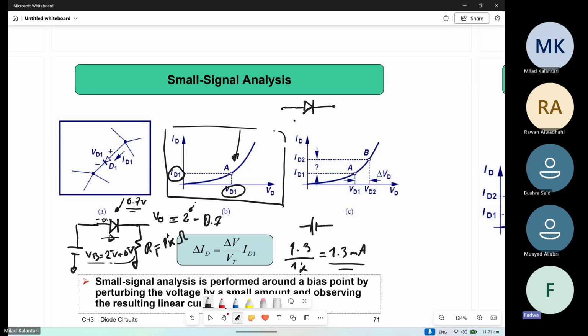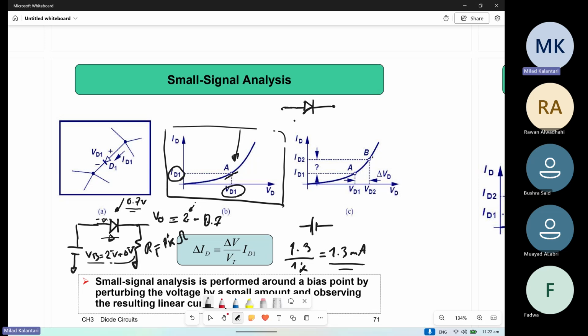But we want to know what will happen once the VD or the current is slightly changed. In order to find that, we need to find the slope of this region next to the operation point. We try to model it.